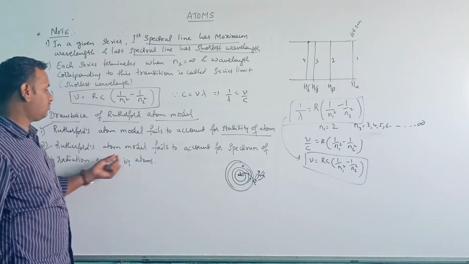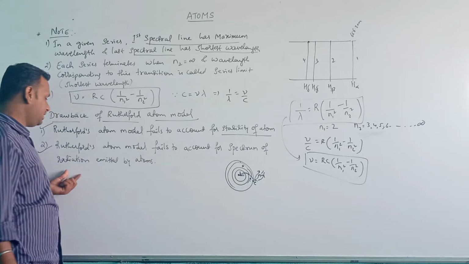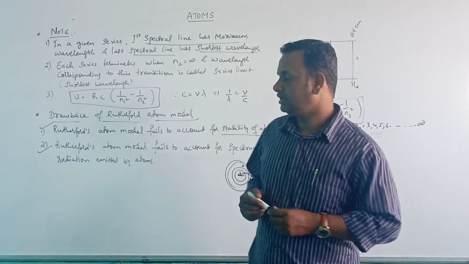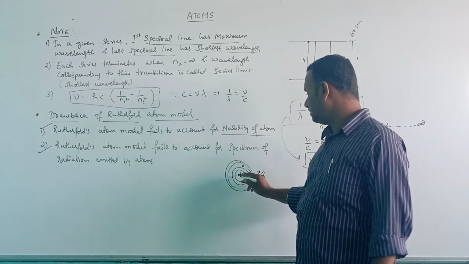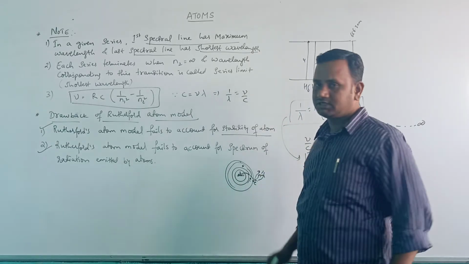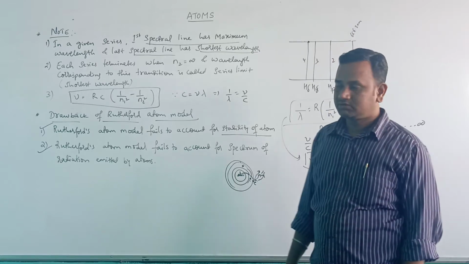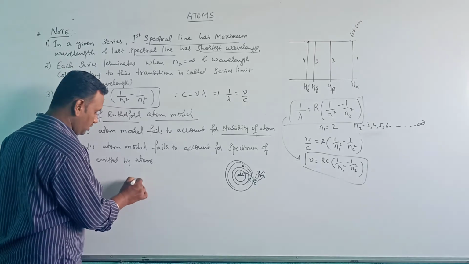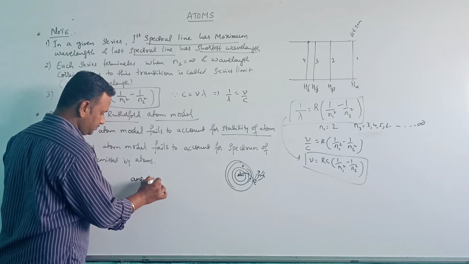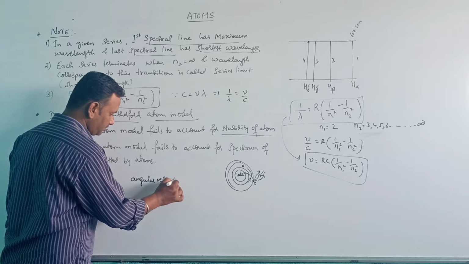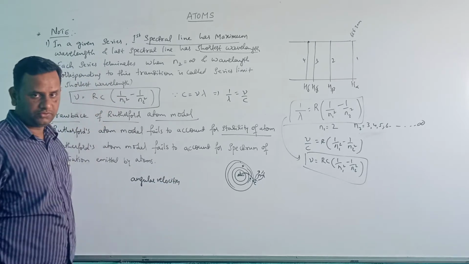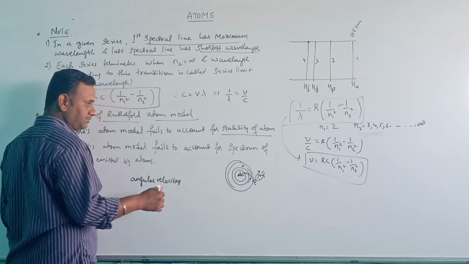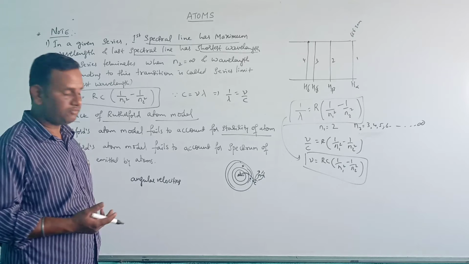Second, Rutherford's atom model fails to account for the spectrum of radiation emitted by the atoms. As I told you, when an electron revolves around the nucleus, it emits radiations. The electron is revolving around the nucleus because of the centripetal force.